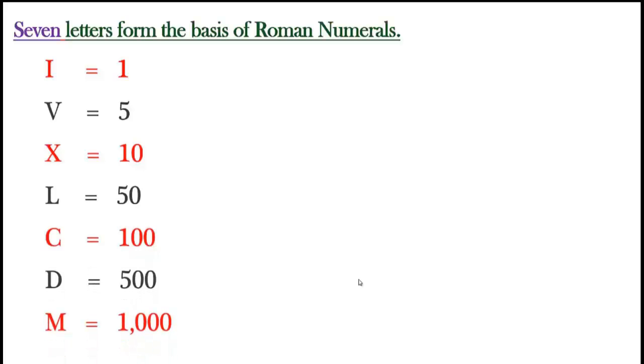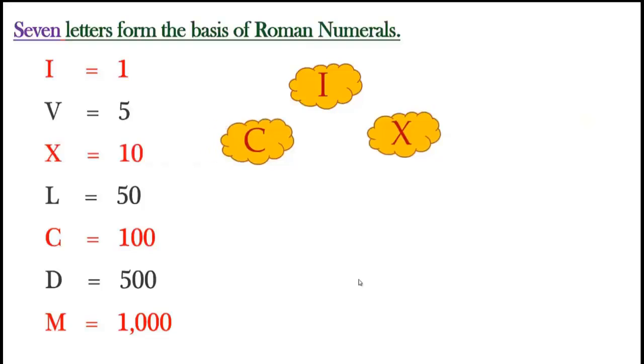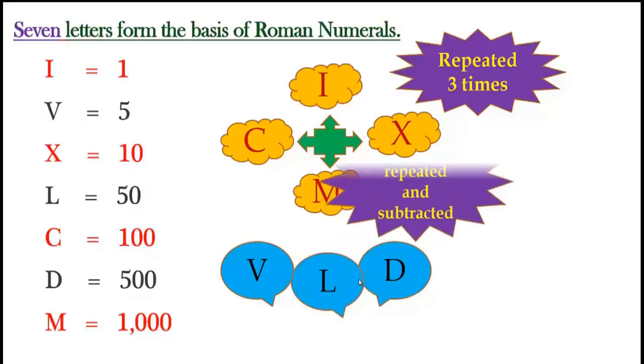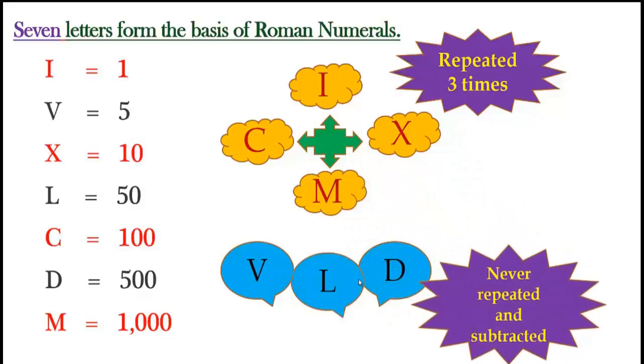So here the letters I, X, C and M, these 4 letters can be repeated to the maximum of 3 times, but the letters V, L and D are never repeated or subtracted.